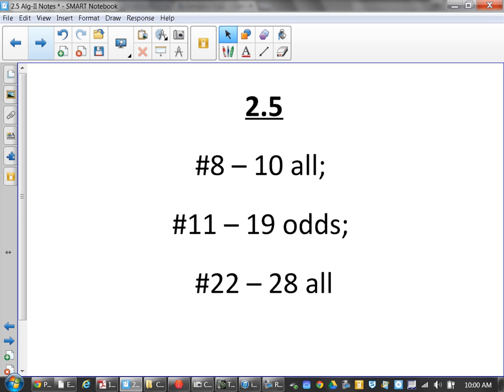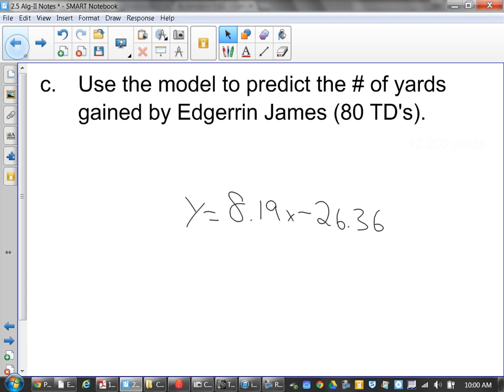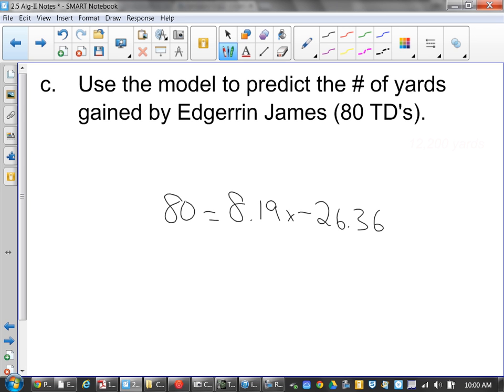We didn't use a calculator for that. You add 26.36 and divide by 8.19. And X equals. How do you solve for this? 80. You add 26.36 and then you divide. 2 steps.